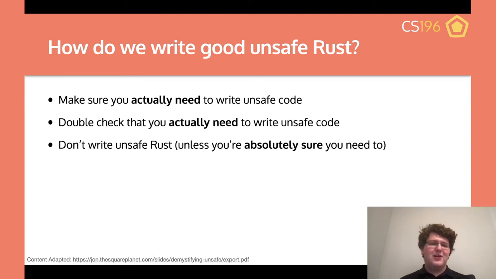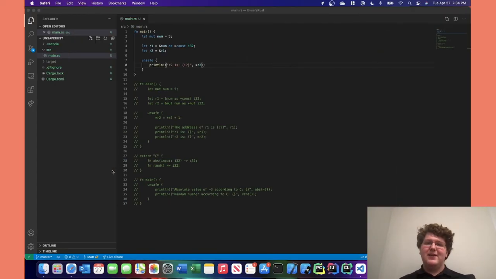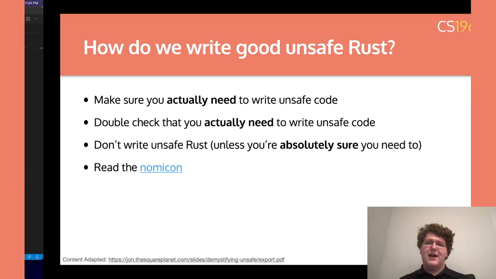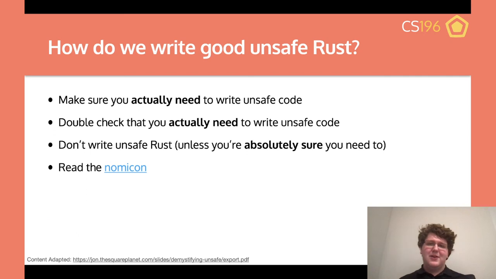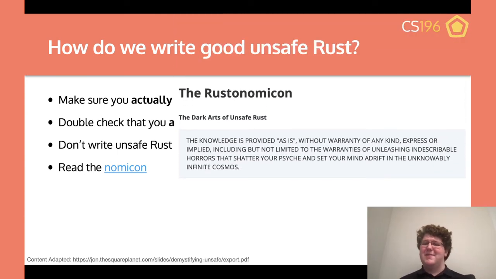So now that we've made sure that we need to write unsafe Rust, read the Nomicon. So the Nomicon is this amazing thing. Let me see if I can find it. Okay, it's disappeared on me. Anyway, the Nomicon, I know, mixed messages, but the Nomicon is a fun book about the dark arts of unsafe Rust.